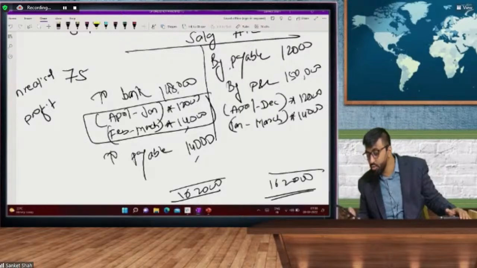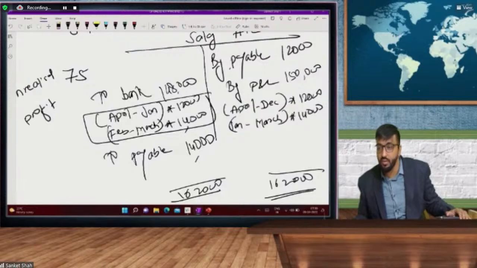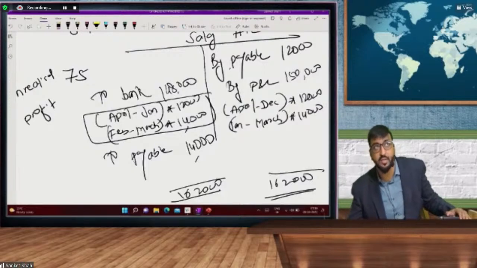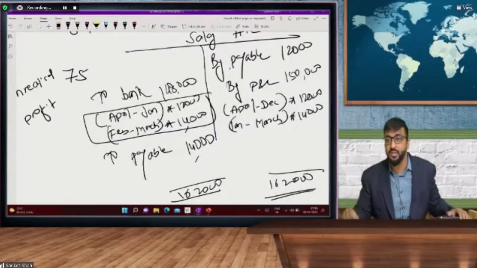Direct ledger is okay. If you prepare direct ledger, it's okay. But at least, before the ledger, you have to start with the journal. Now it's almost 7 days, 8 days, 9 sessions are over. This is the 11th session.